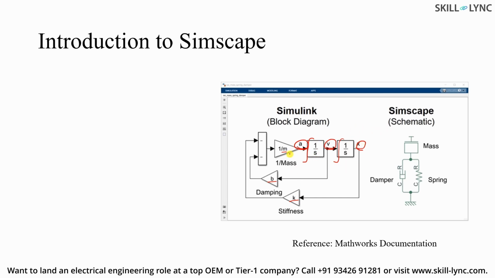Now the same system in Simulink will look like this as a block diagram, and in Simscape you can take up the mass block, damper block and spring block readily available, and apply some force to this model. So this is going to be a very simple thing, right?